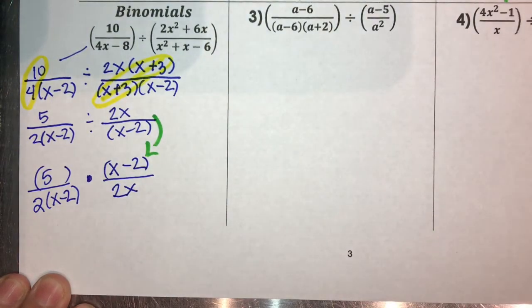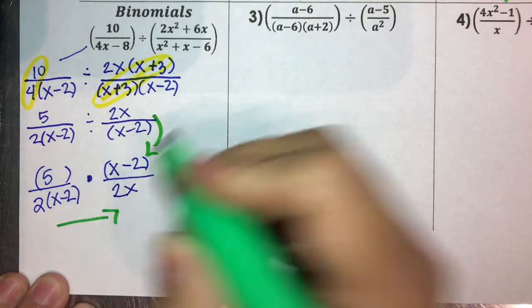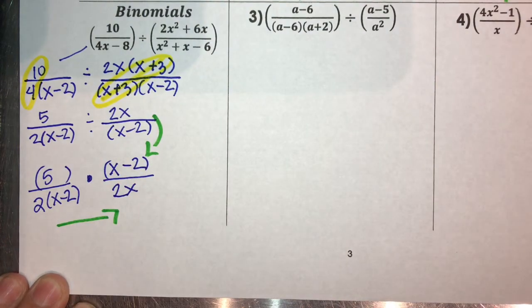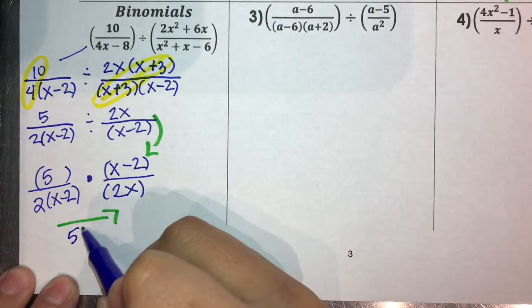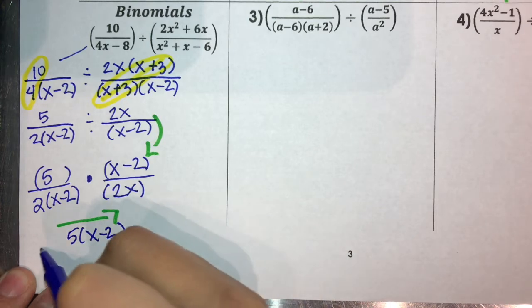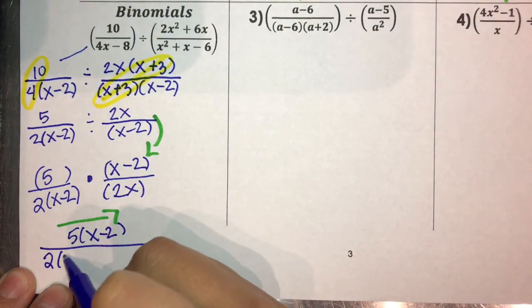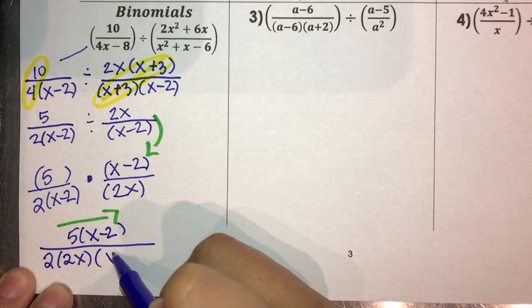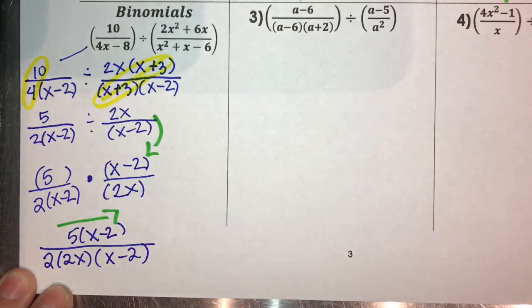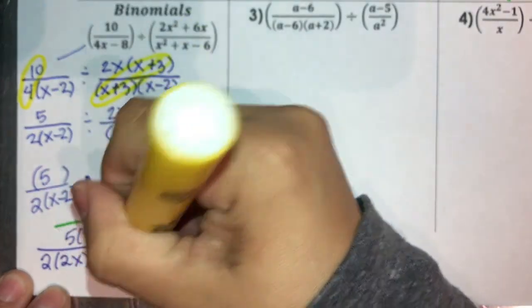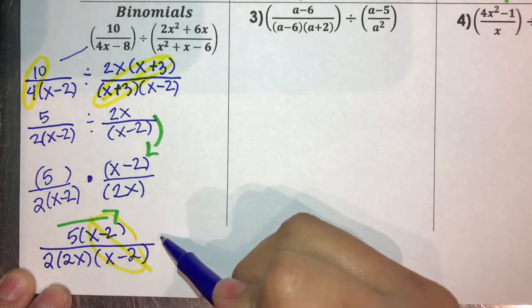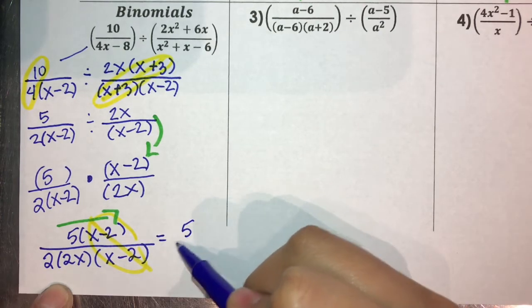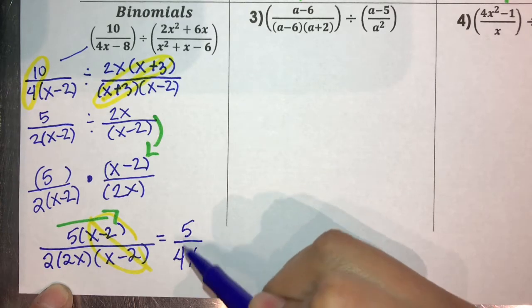When we multiply going across, these two go away. I'm left with 5 over 4x.